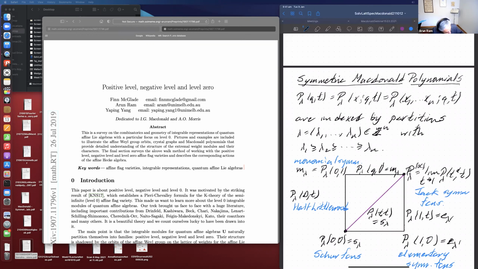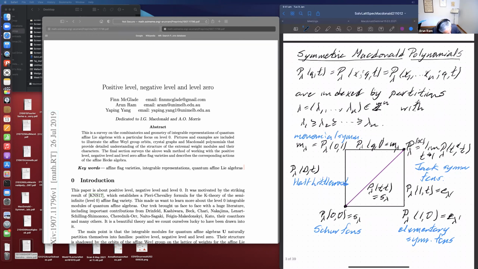And on the bottom of the square, we have when q is arbitrary and t is 0. Macdonald always posed it as a question of what this bottom case is, but now we understand that these are what are often called q-Whittaker functions.